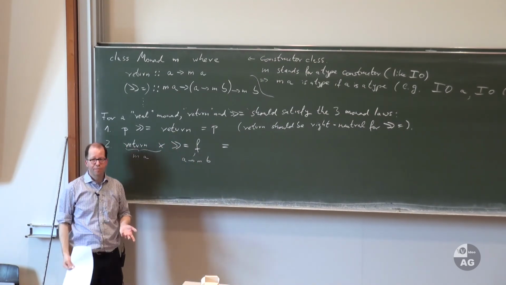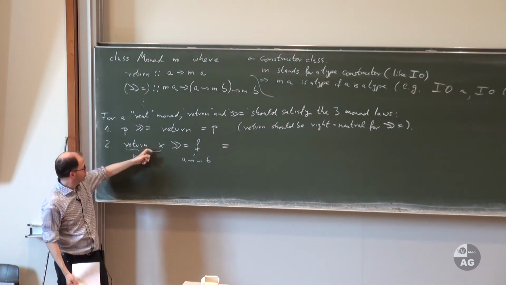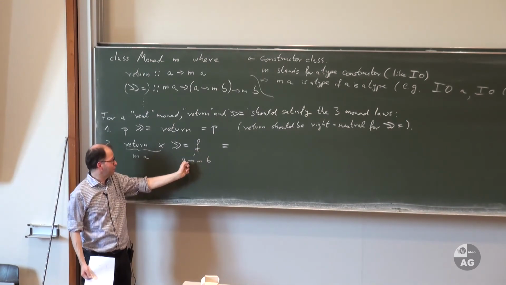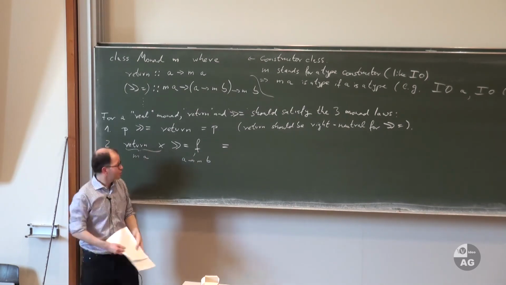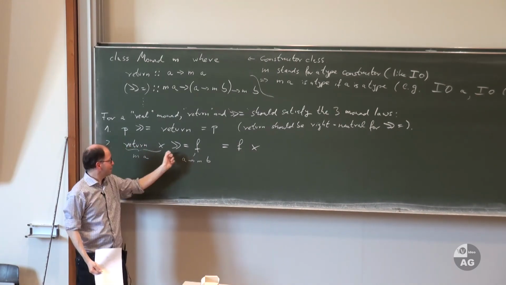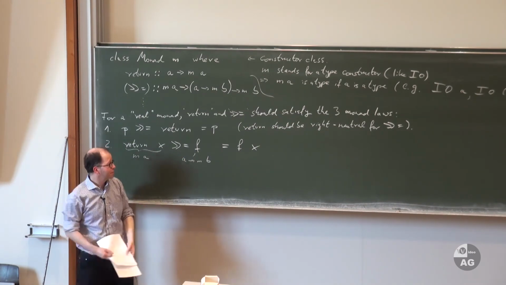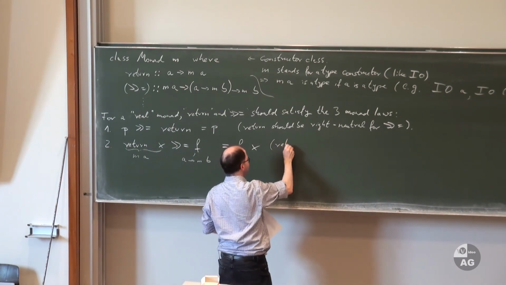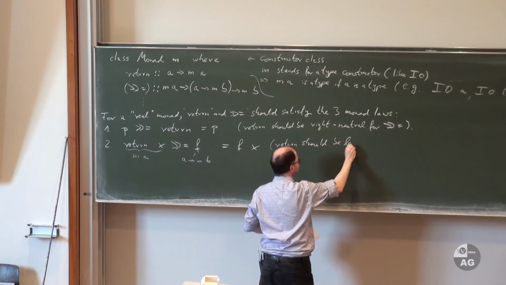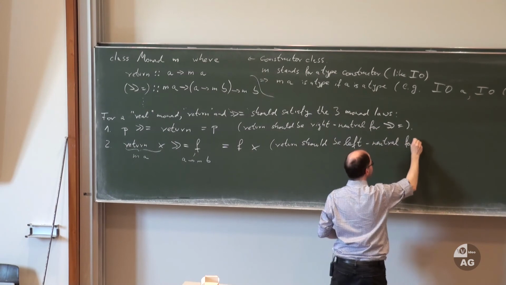Then what should that be? If you think of I/O again, then this is the empty action which determines this value x, and f should take this value and do something with it. So this should be the same as f applied to x. This says that you should really take out the element that was determined here and do something with it. So this says that return should be left neutral for bind.